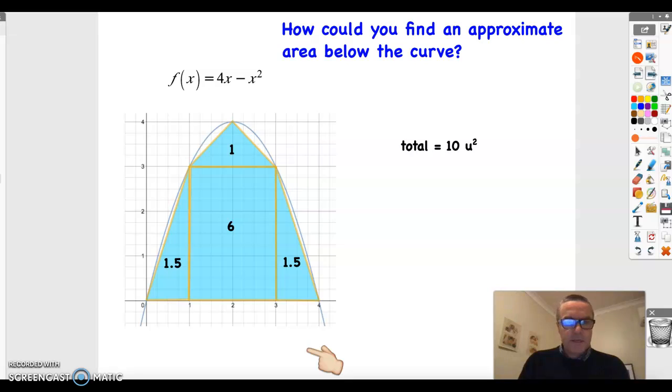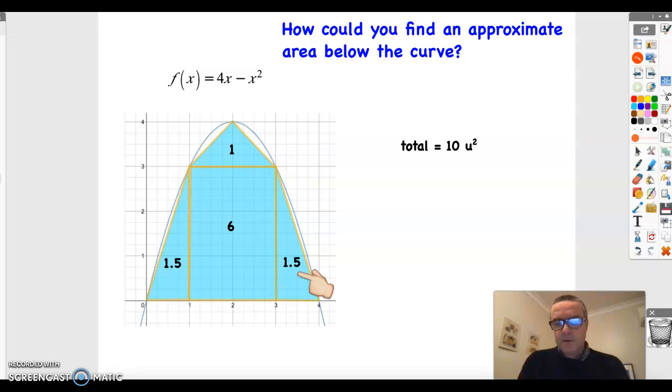So in this particular case, we've got a big rectangle in the middle which chews up a lot of the area there. That's 2 units across between 1 and 3, and we've got 3 units high, so that's 6 units of area. I've got a triangle on this side that has a height of 3, it's got a base of 1, so it's got an area of 1.5 units.